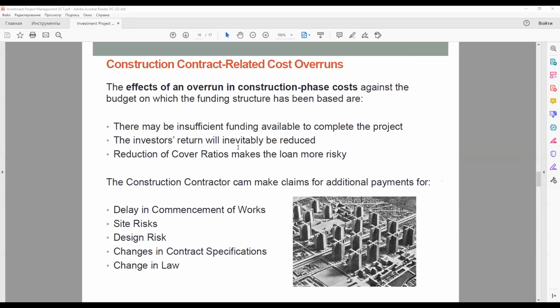Finishing this section of issues related to the construction, let us discuss the construction contract related cost overruns.